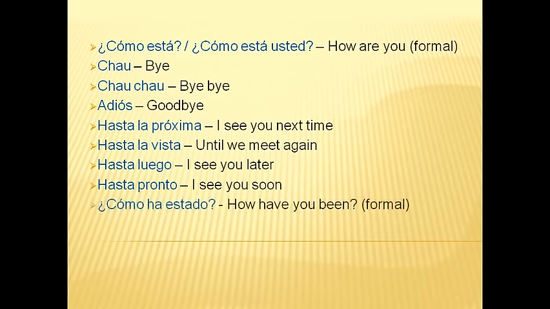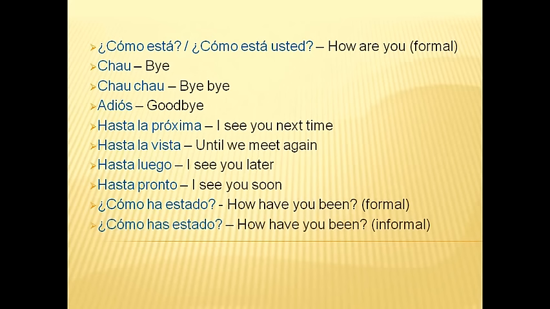¿Cómo ha estado? How have you been? This is the formal way, because the verb haber, that here is conjugated ha, is conjugated for usted. ¿Cómo has estado? This is the informal way of saying how have you been.